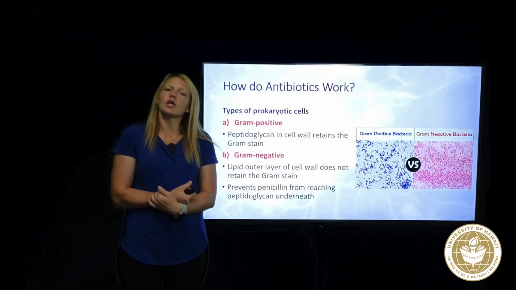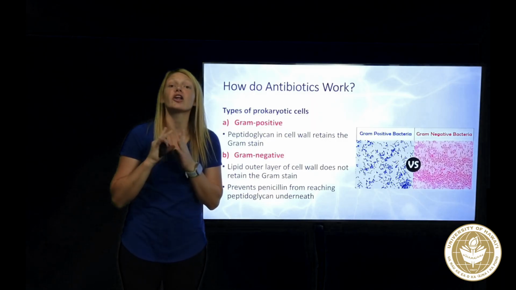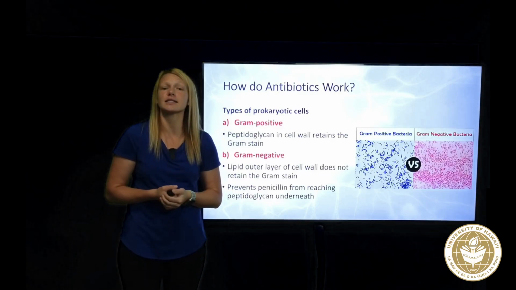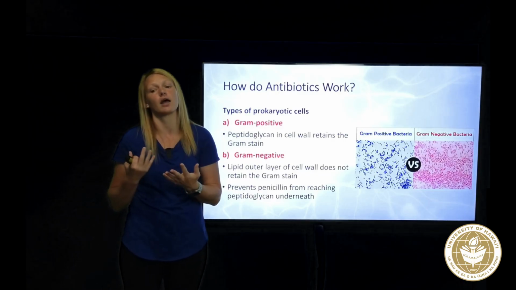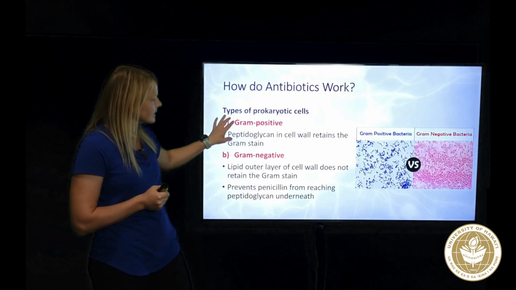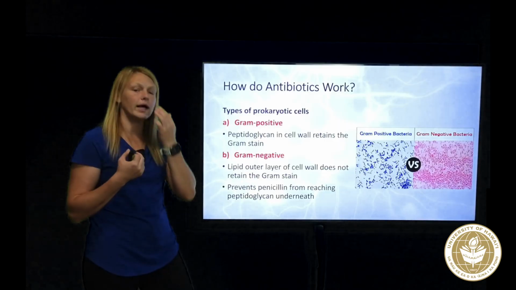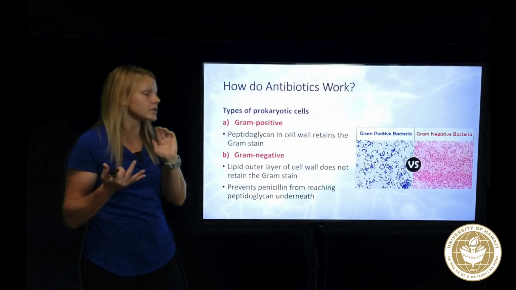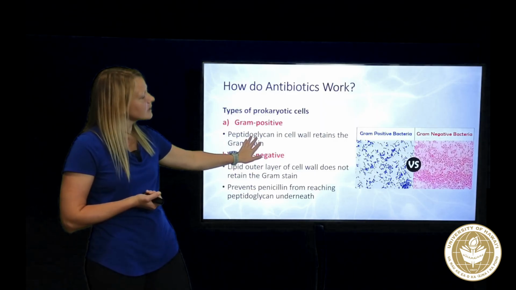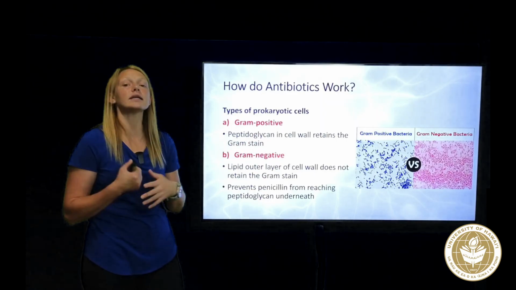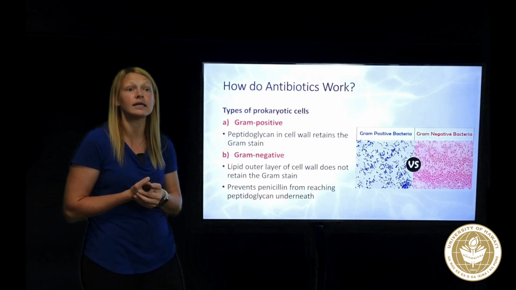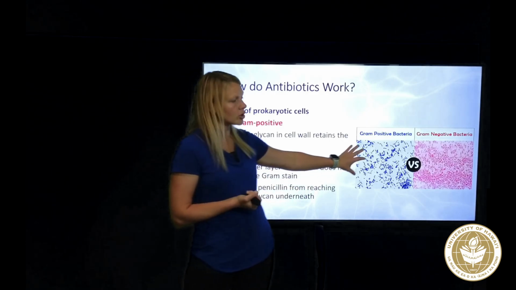Something to point out, though, is that penicillin does not work on all bacteria. That's because we have two main types of prokaryotic cells, or two main types of bacteria: gram-positive and gram-negative. Gram-positive bacteria, which is what penicillin is able to target, is bacteria that has a peptidoglycan cell wall, and when it is stained with a crystal violet dye, it's going to turn purple, right?